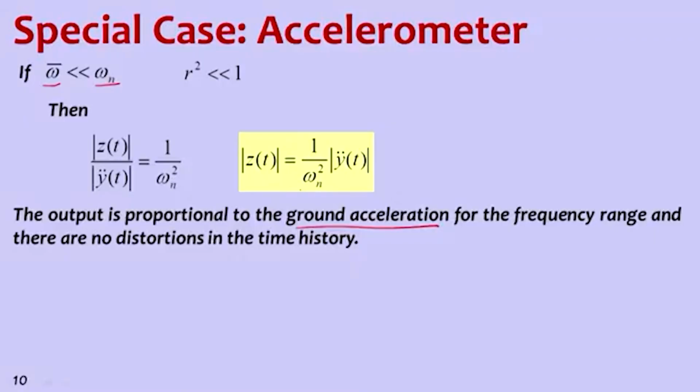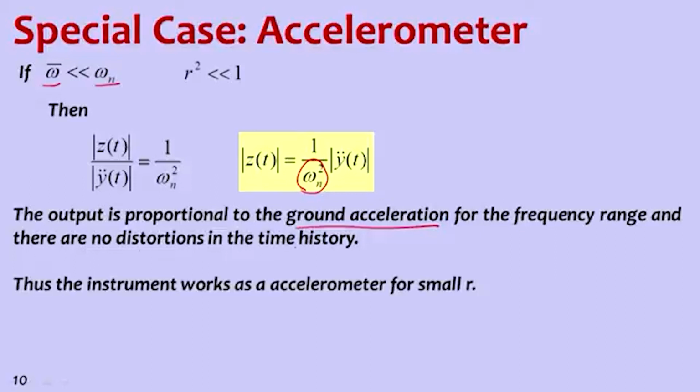If I multiply that relative displacement with omega n square, I get the acceleration value. So the output is proportional to ground acceleration for this frequency range, and there is no distortion in the time history. Thus the instrument works as an accelerometer for small values of r.